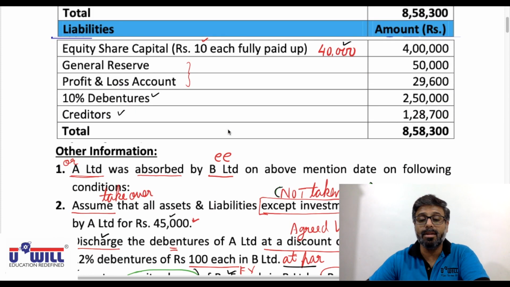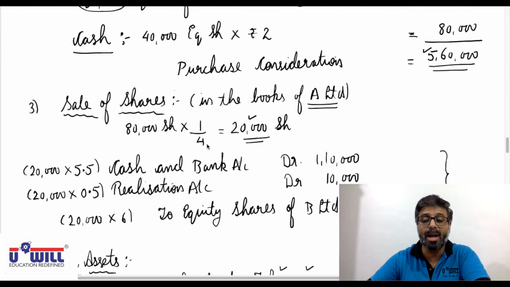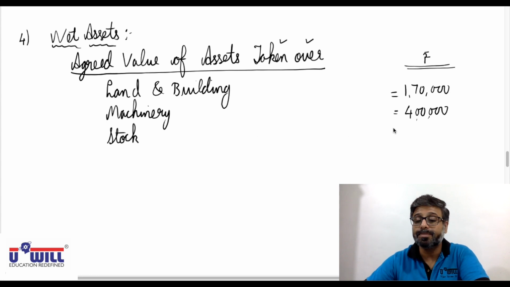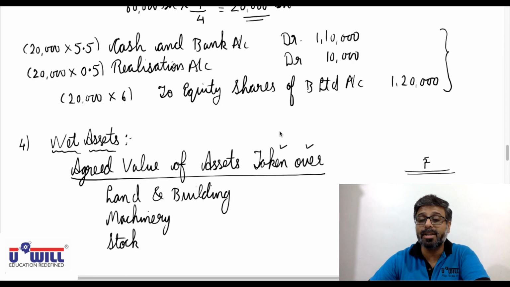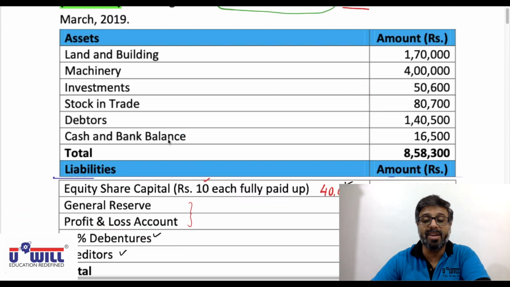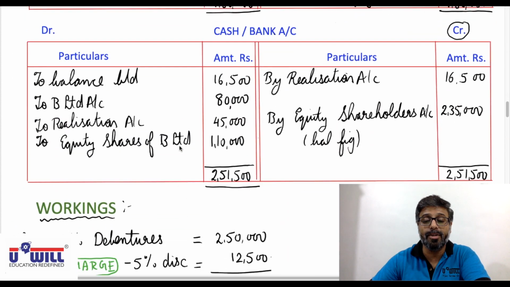Stock and trade, no different value is given. So 80,700 itself, that is book value. Stock 80,700. Then after stock we have debtors. Again for debtors also no different value is given. So debtors 1,40,500.